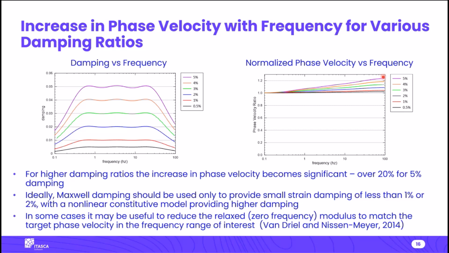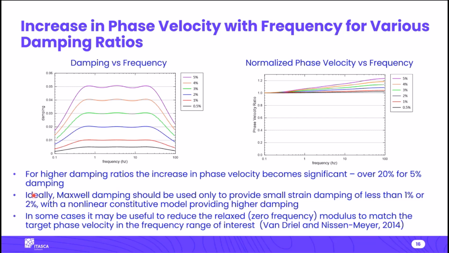That's a little bit concerning. But if you're sticking to 1 or 2% Maxwell damping, then the increase in phase velocity is much more contained. From a geotechnical engineering perspective, that doesn't seem like such a big deal to me, for 1 or 2% damping.